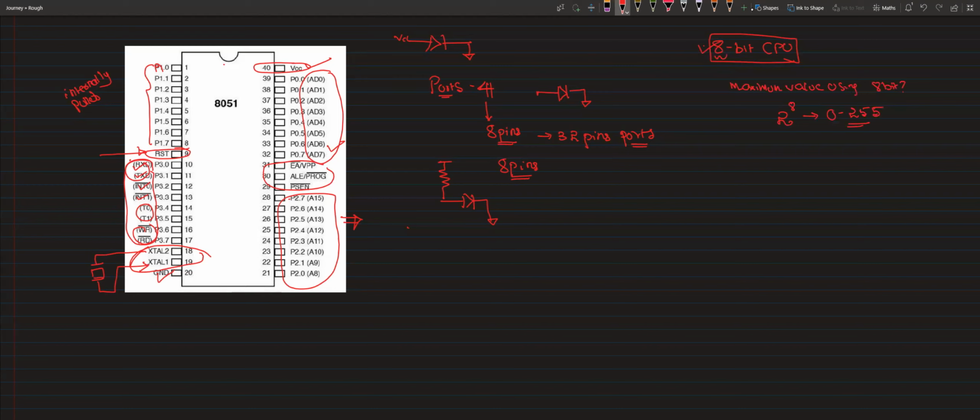And I have a 16-bit program counter. The program counter is nothing but, I will be storing the whole program in the program memory.